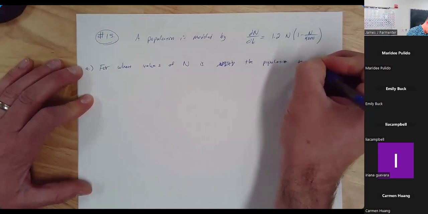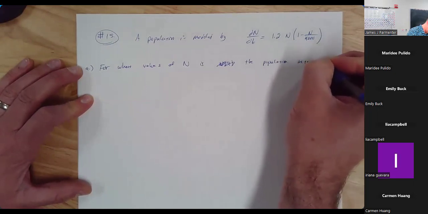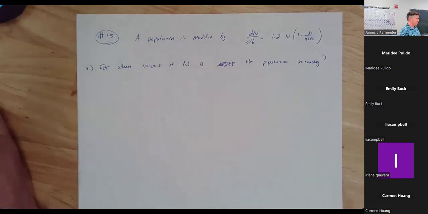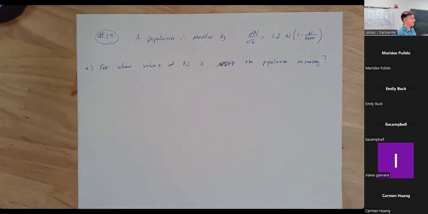Okay, what's a better way to ask this question? Instead of asking for what values is the population increasing, I should say for what values is the derivative positive? That's all we're asking. Where is the derivative positive? Well, to find where the derivative is positive, it really makes sense to find where the derivative is 0. So let's find the equilibrium.